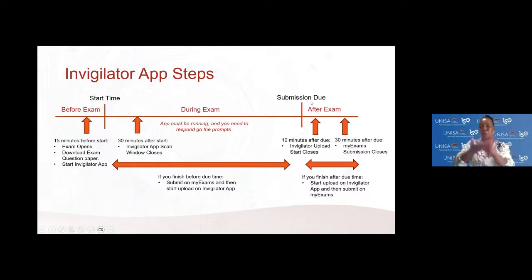So very importantly, remember, if you're at the due time, you have to submit on the Invigilator app first because you only have 10 minutes, and then myExams. But if you finish before that, you can upload on myExams first so you know it's submitted, and then you say in the app, finish, and complete the process in the app.